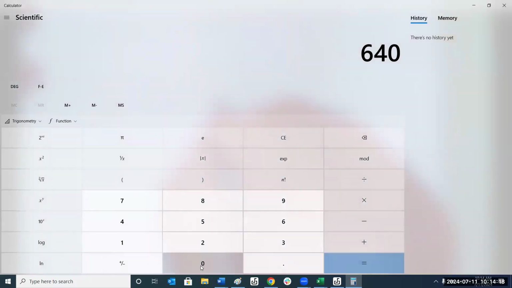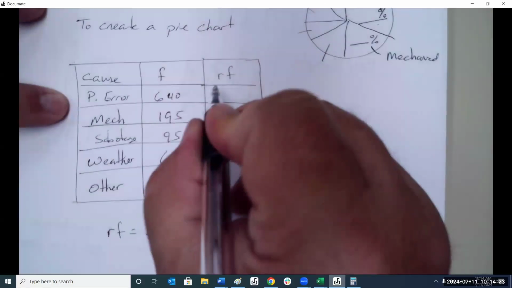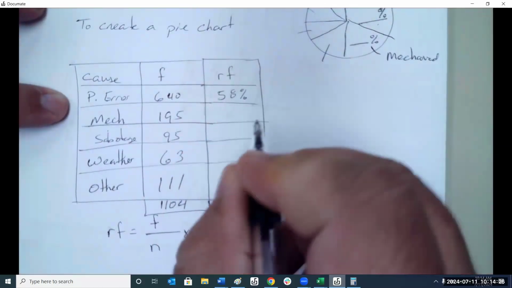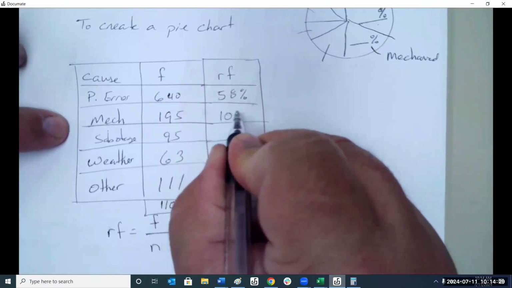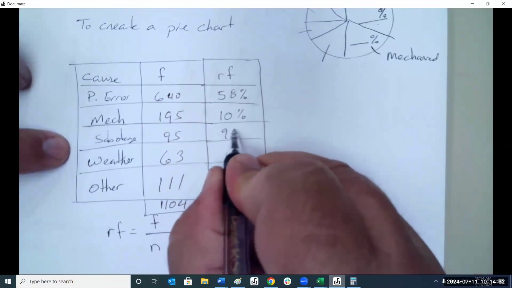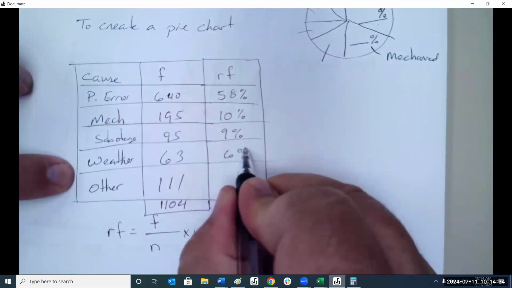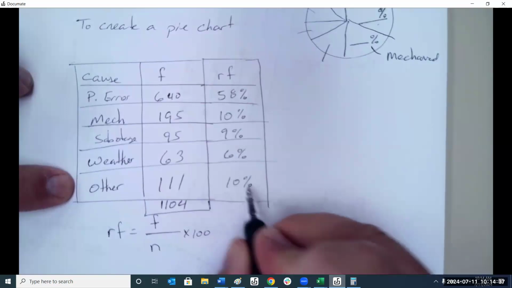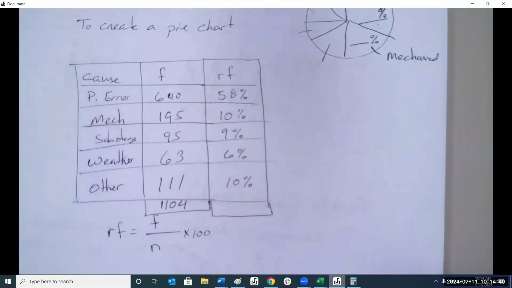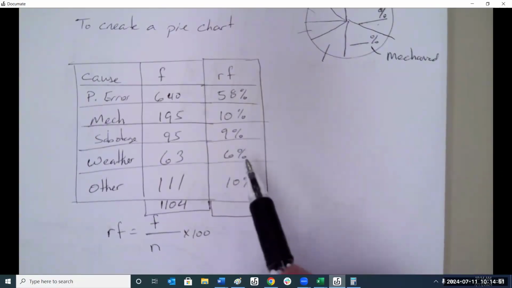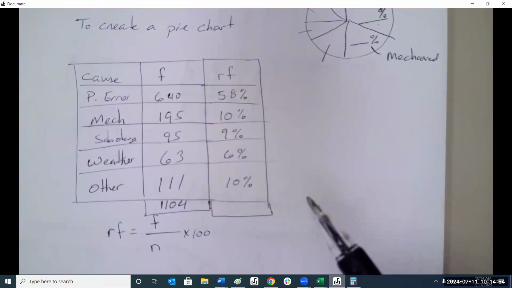So what's the percentage for the pilot error? 58%, 10%, and then we have to always add those percentages up. Because what should it equal? Should equal 100%. If not, then you're missing some data. But again, because we rounded these up to begin with, we'll have round off error. So what does it equal?